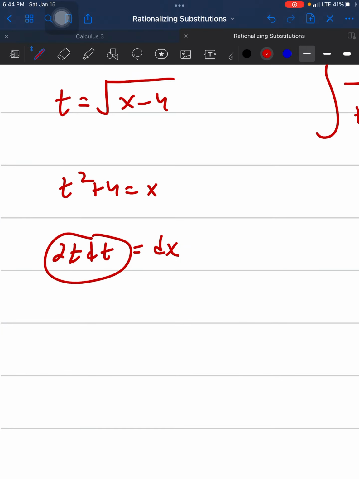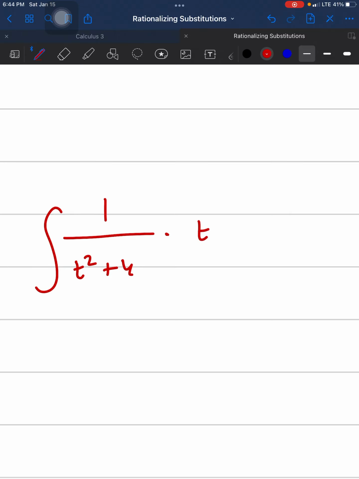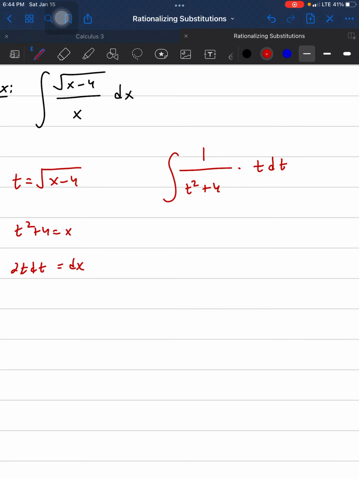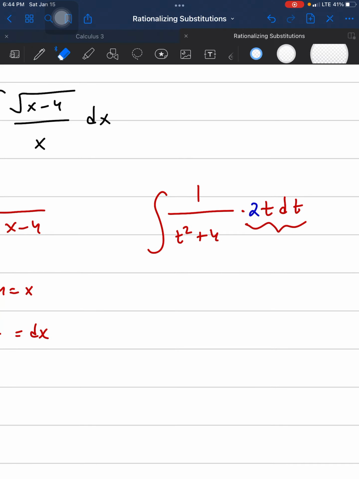So for dx, it says we need 2t dt. We already have a t right here. All we really need is to add a 2. So what we're going to do is move this t, leaving a 1 right here. This is where dx was, but we're going to substitute it for 2t dt, and we're just going to write the t there because we need it.